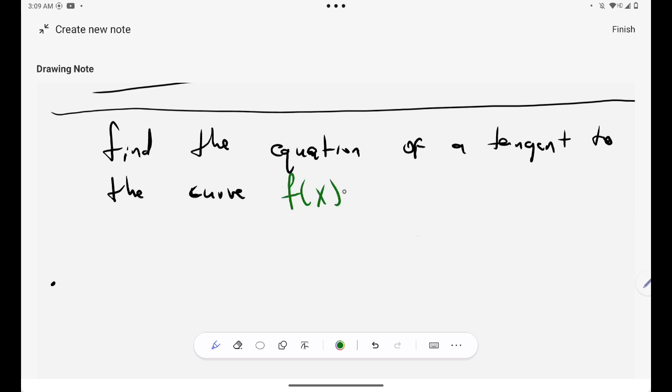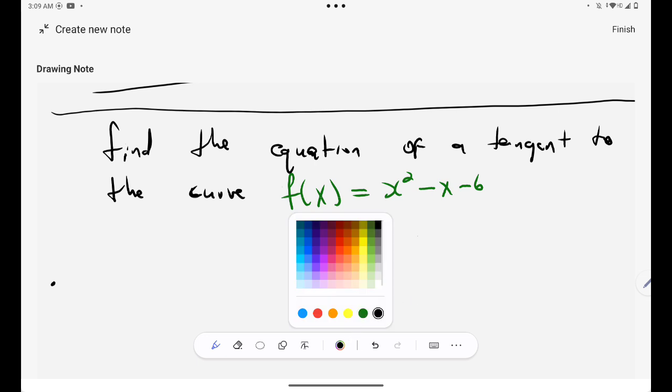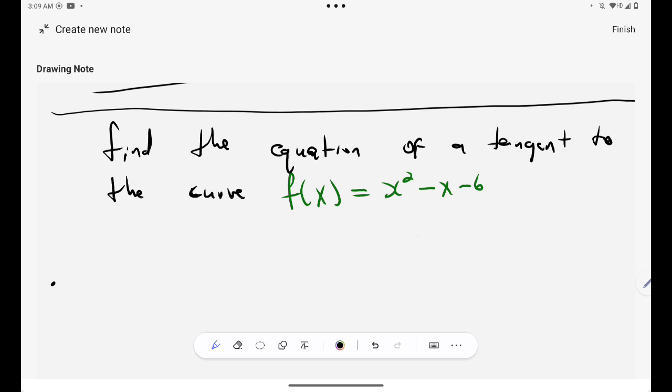Let's say f of x is equal to x squared minus x minus 6. Find the equation of the tangent to the curve at x is equal to 1.